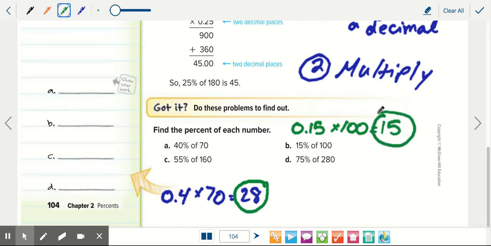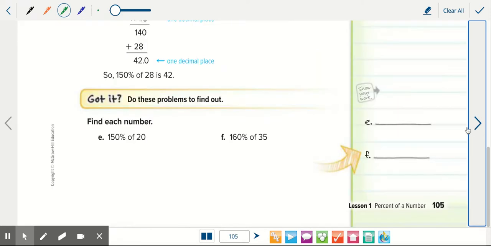What did you guys get for C and D? All right, for C, you should have gotten 88. For D, you should have gotten 210. Great job. All right, let's turn the page.